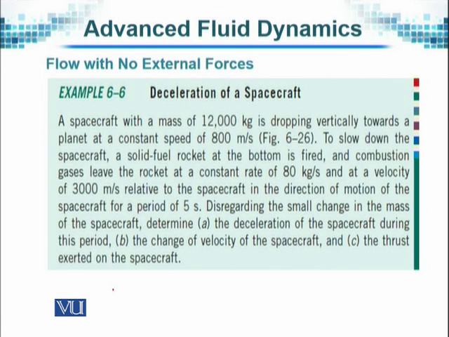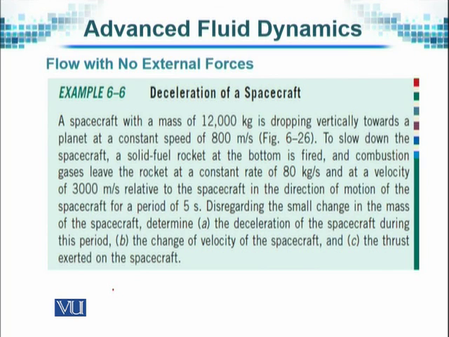gases leave the rocket at a constant rate of 80 kilograms per second and at a velocity of 3000 meters per second relative to the spacecraft, in the direction of motion of the spacecraft, for only a period of 5 seconds.